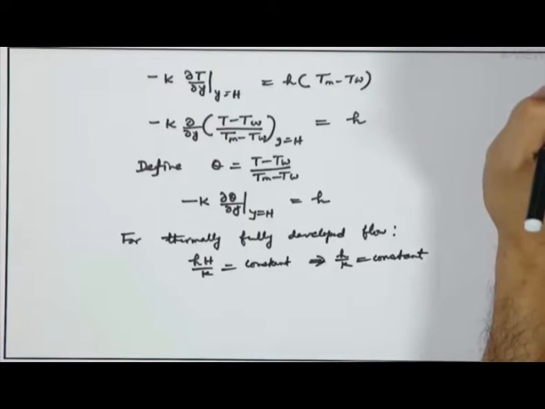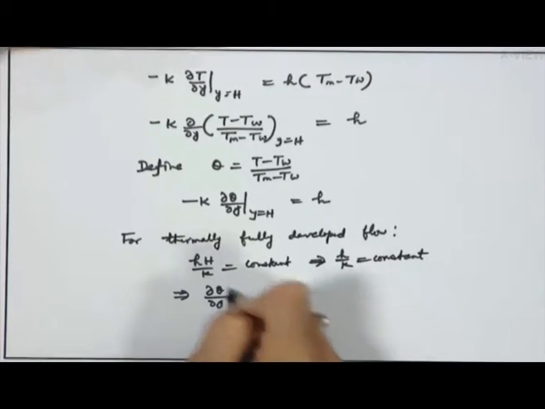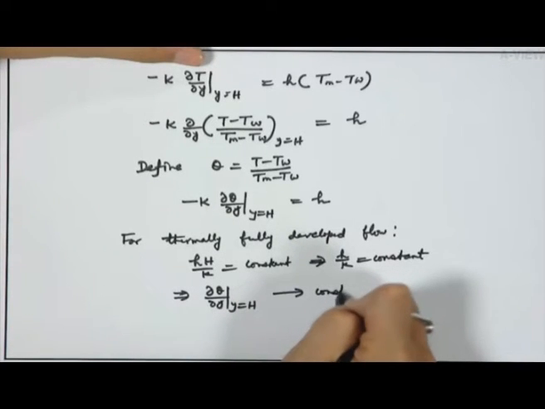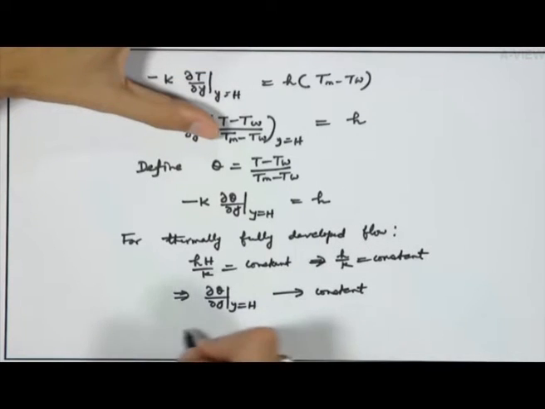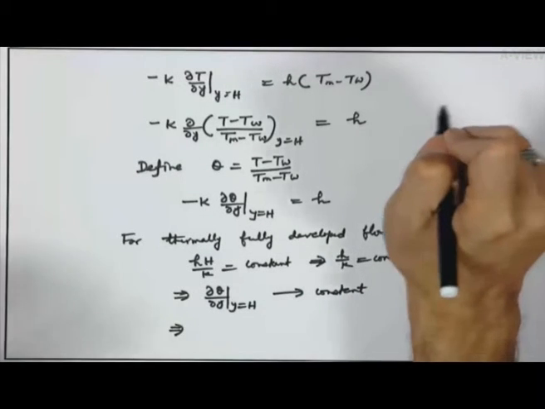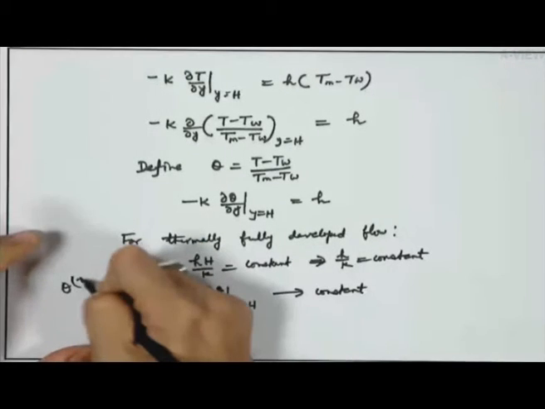This we have just seen. That means del theta del y at y equal to h is a constant. Which means, see, del theta del y at y equal to h could potentially be a function of x because theta could be a function of x and y.